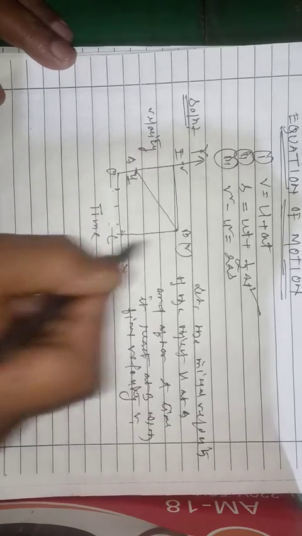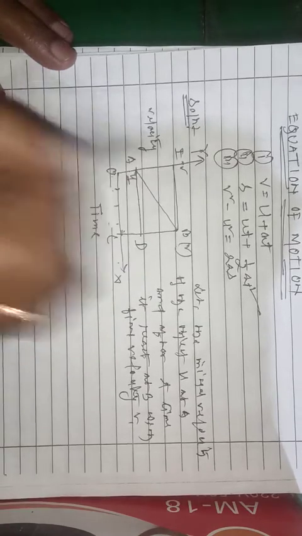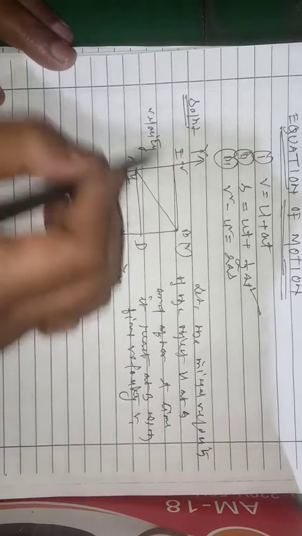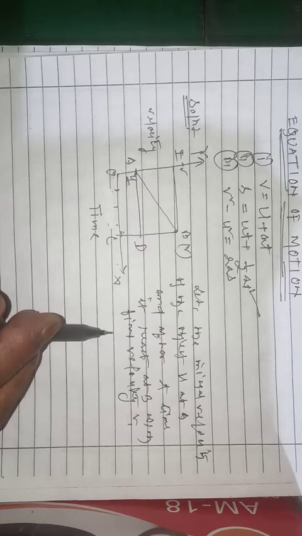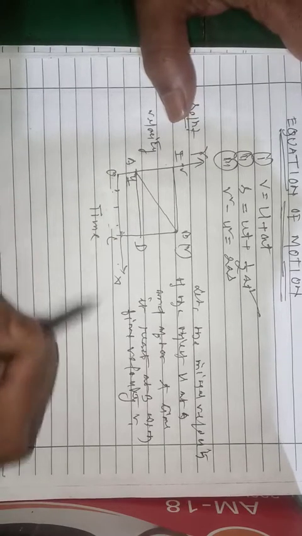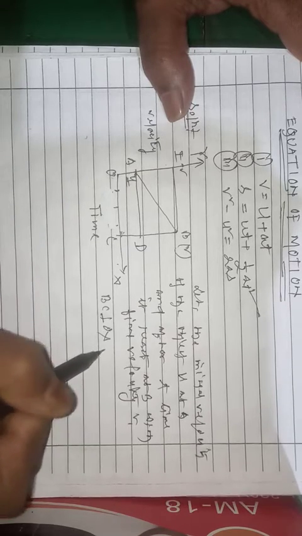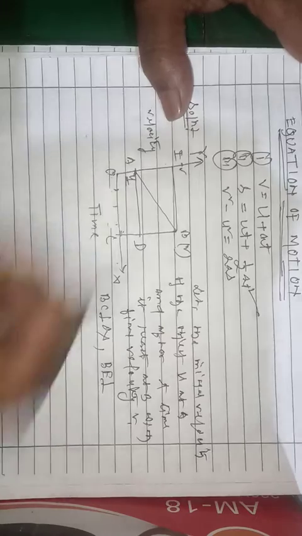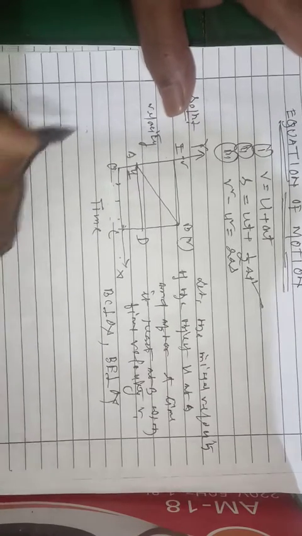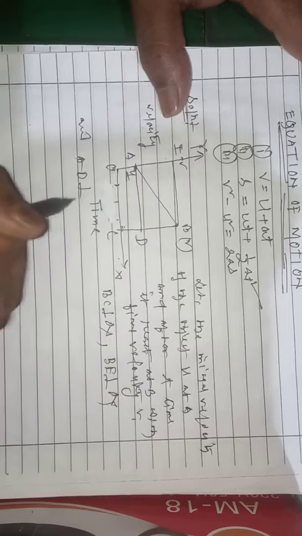I am naming this one BC, this one AD, and this one E. So 3 perpendicular we have drawn. Now let's mention: first, BC perpendicular to OX, BE perpendicular to OY, and AD perpendicular to BC.